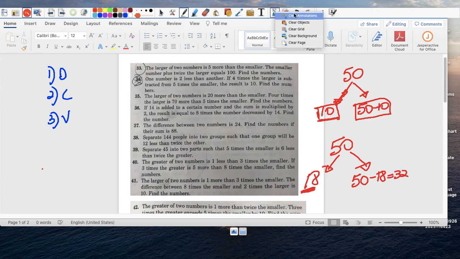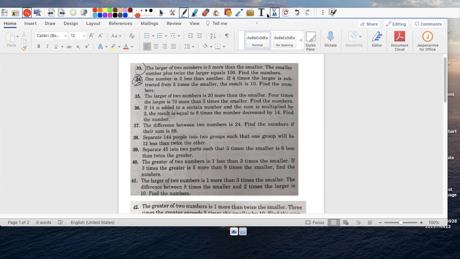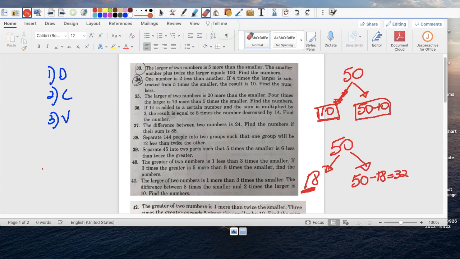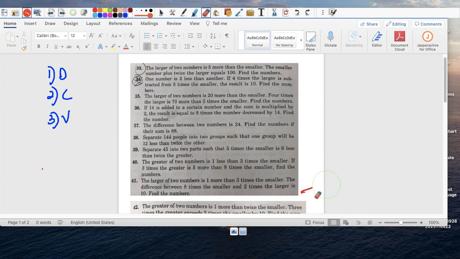So going back to that, let's look at the question the same way. Where was it? 38. Let me circle it because I separate. So we have 144 people. Let me put it over here. Now separated them in two groups. The only problem here now is that I don't know how many people I'm going to say, hey, you guys, I want you 20 people, or you 15, you 2 people to go on the left side.